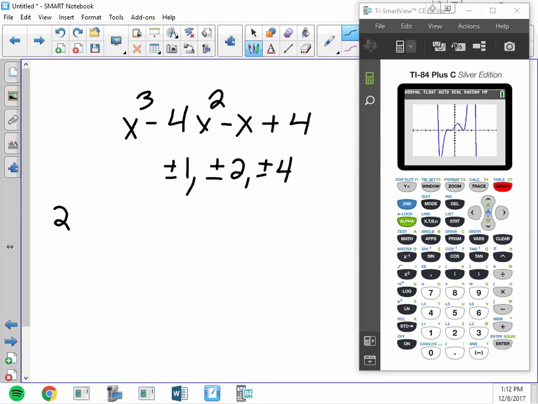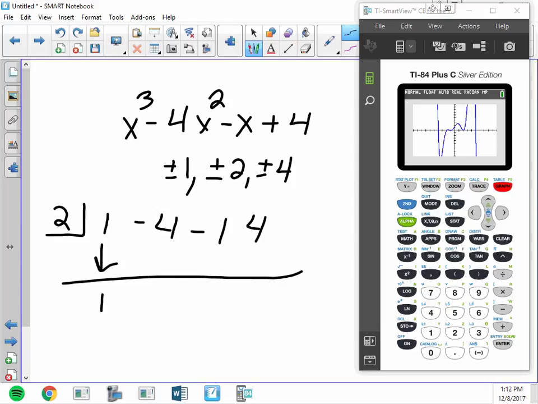So we put 2 in the corner. 1, negative 4, negative 1, and 4. 2 times 1 is 2, negative 2. 2 times negative 2 is negative 4. Negative 5, negative 10, negative 6. Did 2 work? No. So we try negative 2, or we try 1.